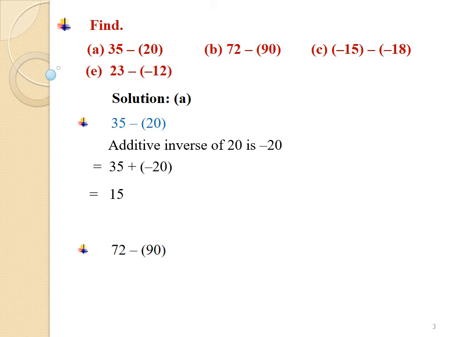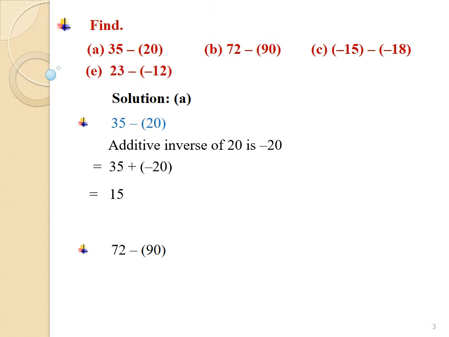Students, we get the answer as positive since positive integer 35 is bigger than negative integer 20. Thus, 35 minus 20 equals 15.